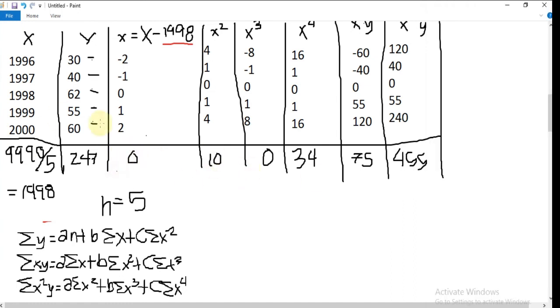So now you have everything. Next, indicate the values: the summation of y, the summation of x which is 0, the summation of x squared, the summation of x cubed, the summation of x to the power of 4, the summation of xy, and the summation of x squared y.